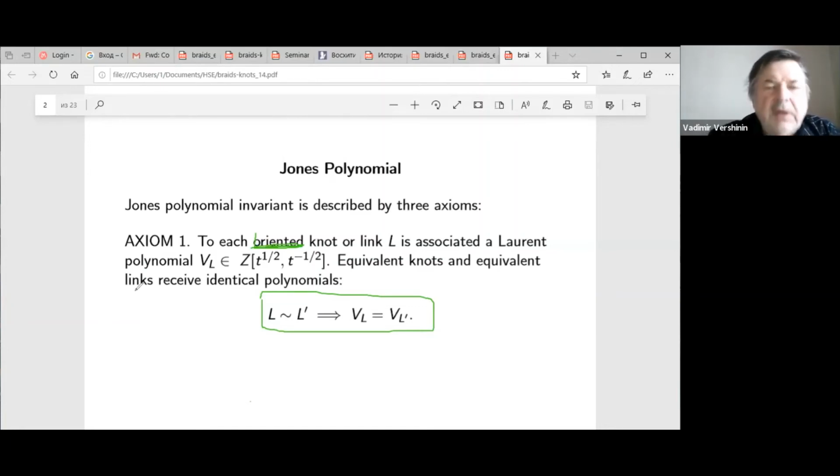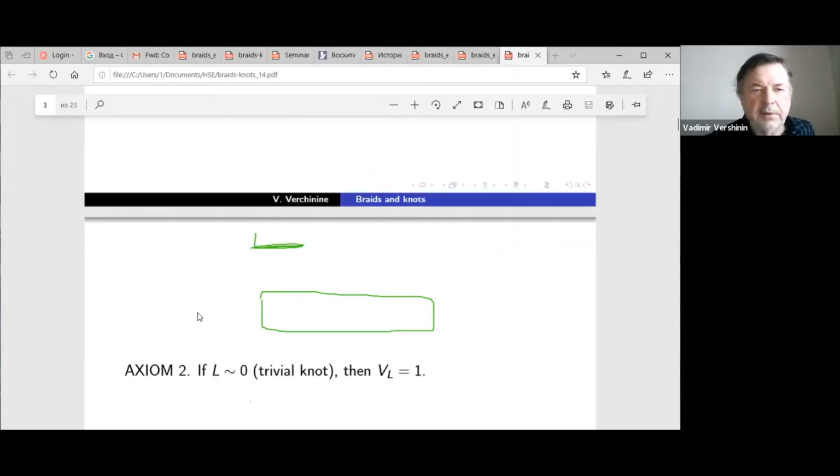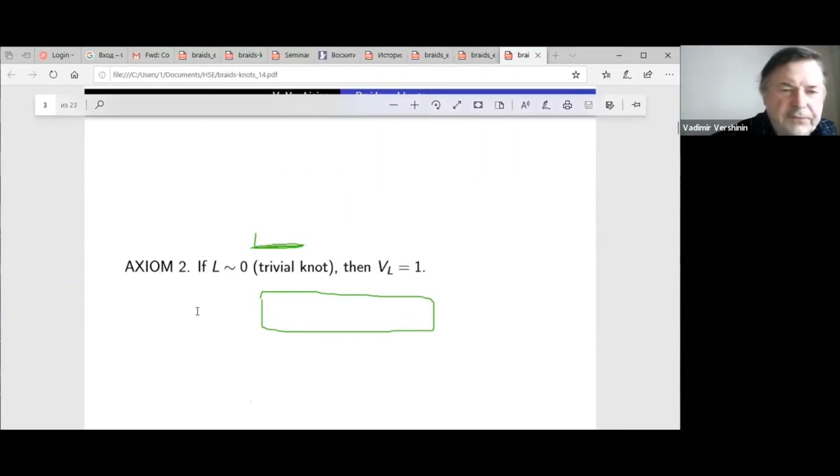This is completely the same as the Alexander-Conway case, and you can also consider the Alexander polynomial here. So the first one is okay. Then the second one is the same, that the trivial knot gives 1.